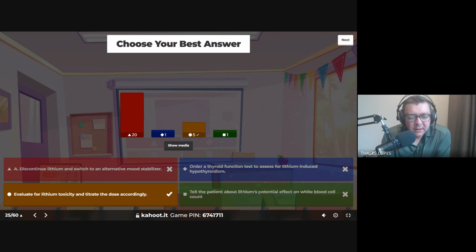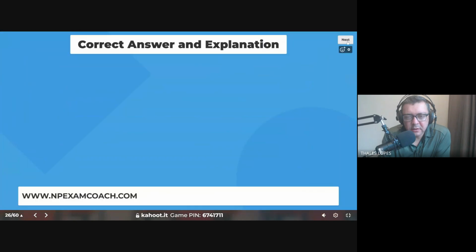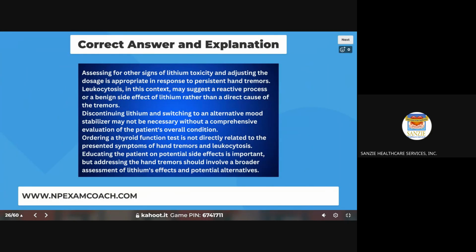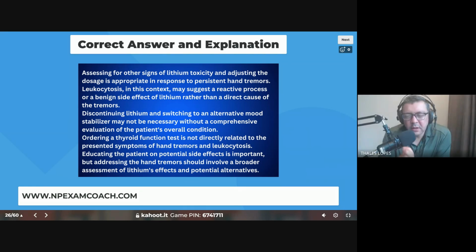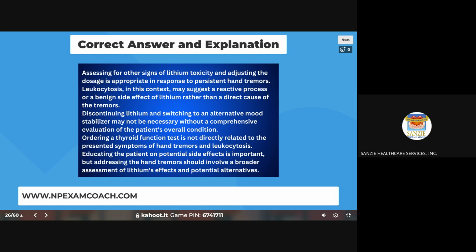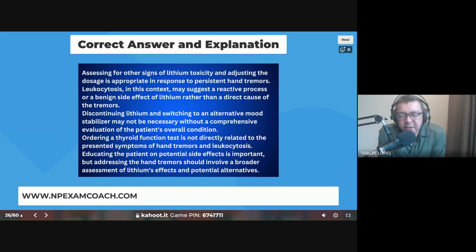All right. So, elevated lithium level, toxicity, and titrate the dose accordingly. Let's take a look here. So the people that picked discontinue would not be incorrect. It would be a correct answer. Anytime you see toxicity, you want to discontinue immediately.